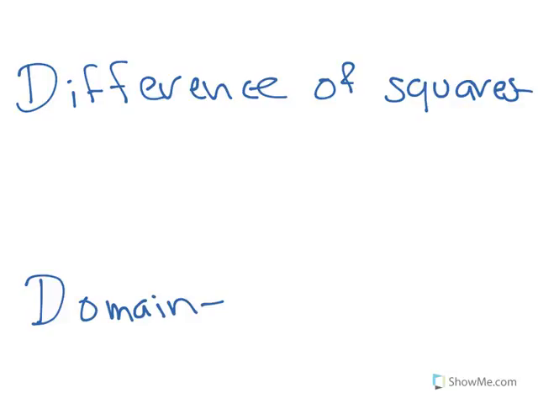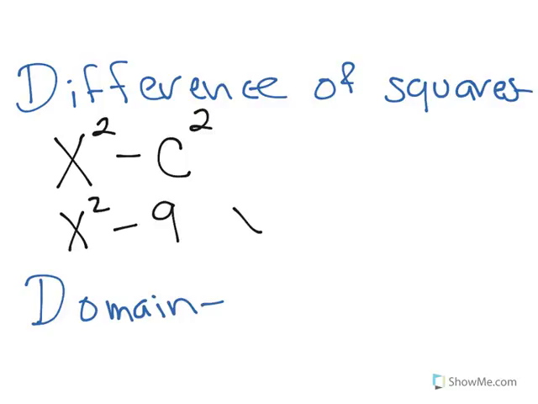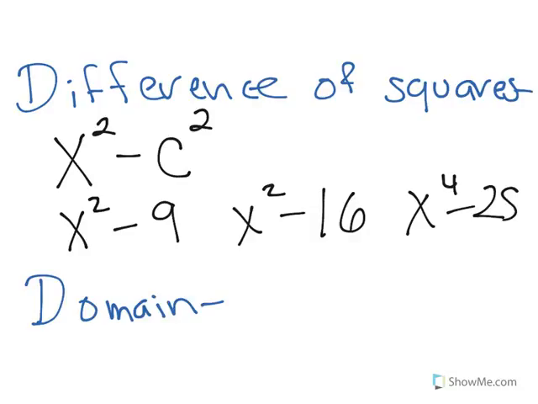Difference of squares means that you have x squared minus some constant squared. For example, x squared minus 9 or x squared minus 16 or even x to the fourth minus 25, for example.